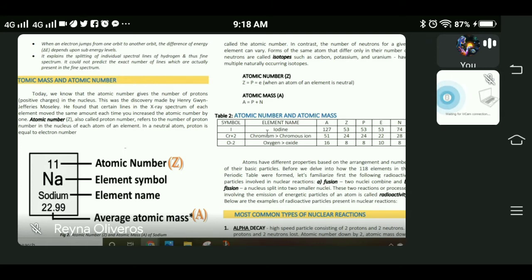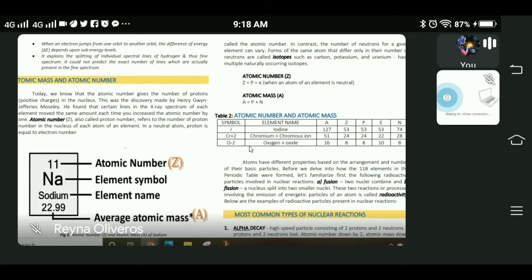Next, we have here Cr plus 2, which is chromium or chromous ion. This chromous ion has an average atomic mass of 51, okay? Its atomic number is 24, same with its protons. Its electrons are 22 and its neutrons are 28. Okay?